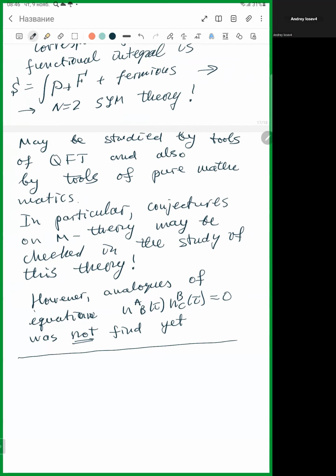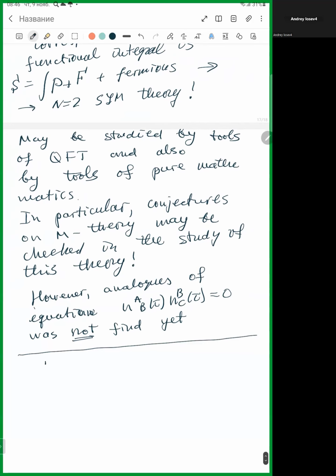Now, I also promised you idea. How to get quadratic relation.